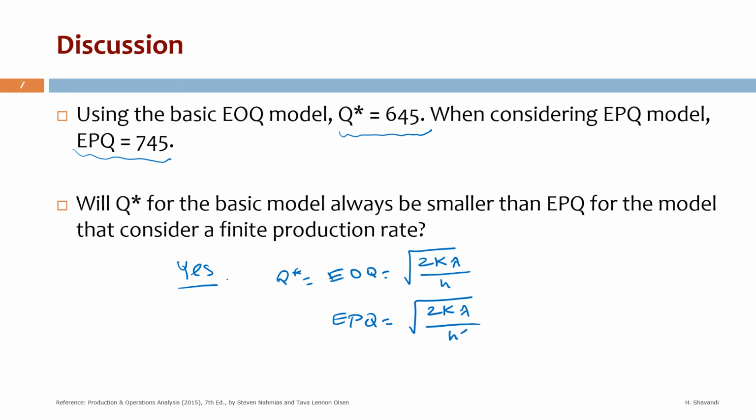So as you see here, K and λ are exactly the same, and the only difference is H and H prime, and H prime is H times 1 minus λ over P, which is always less than H, right? So since H prime is always less than H, EPQ will always be greater than EOQ, okay?